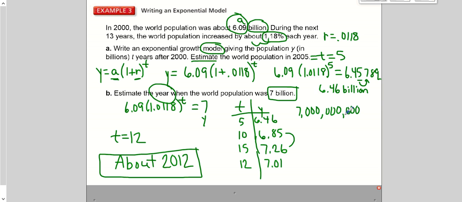Now that's 7 billion. So 7 billion, that's adding 9 zeros to the end of these numbers, from that decimal place over, it's 9 zeros. So 7 billion is the same as 7 times 10 to the 9th power, to use scientific notation. All right, that's example 3.